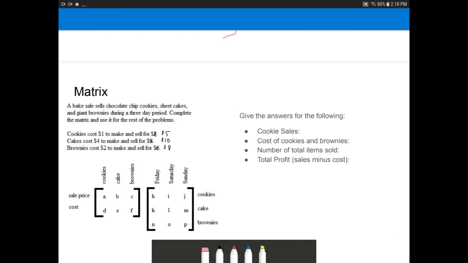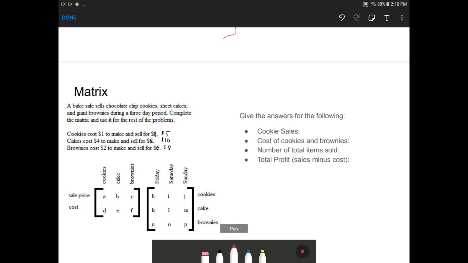Ooh, last one. All right. Cookie sales. So cookies are $5. Oh, the numbers aren't on here. Hang on. So the numbers for the 5, 7, 12. 5, 0, 1, 5, 4, 12.